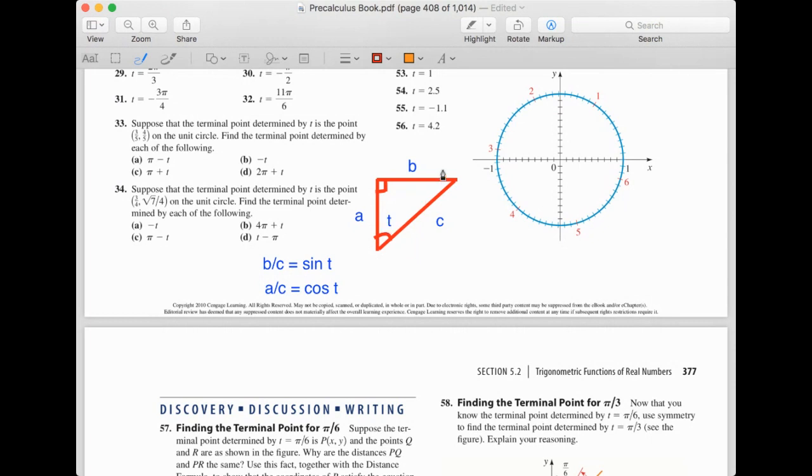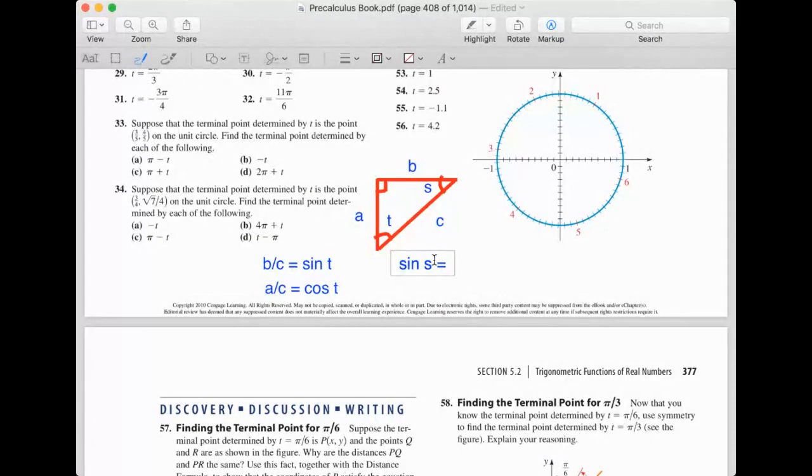Or we could think about, I can talk about this other angle. Let's call it S. I can also talk about angle S, right? So let's figure out what's sine S, what's cosine S. Sine S, according to the definition, is the side opposite to S over hypotenuse.